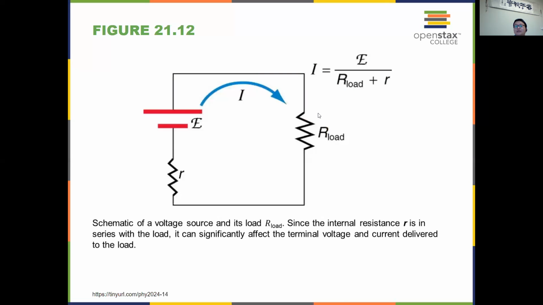The current in the load you can calculate using this equation: epsilon, the capital epsilon, divided by the load resistance, the resistance of the circuit itself, plus the internal resistance of the battery. That gives you the overall current in the circuit.